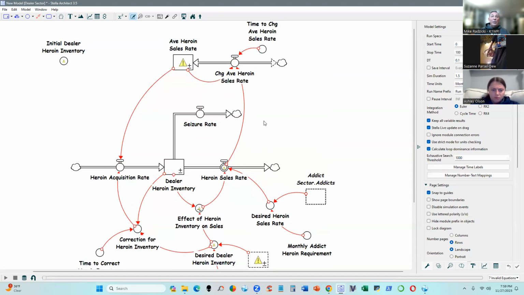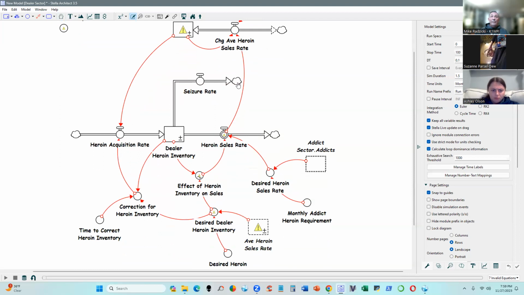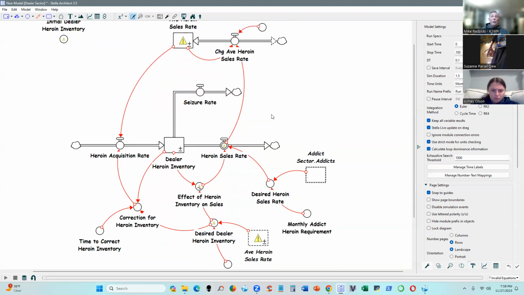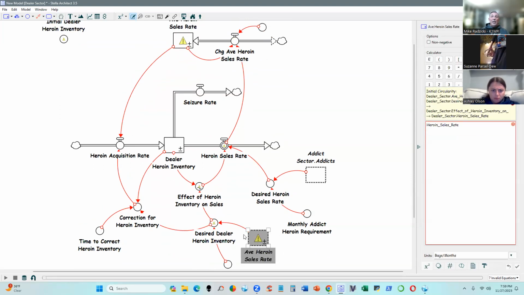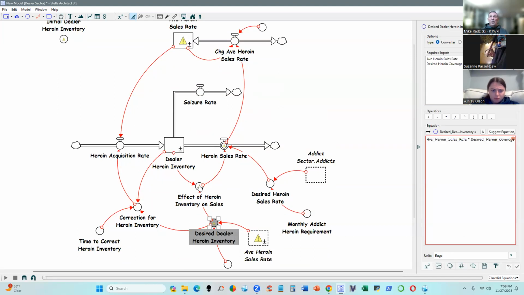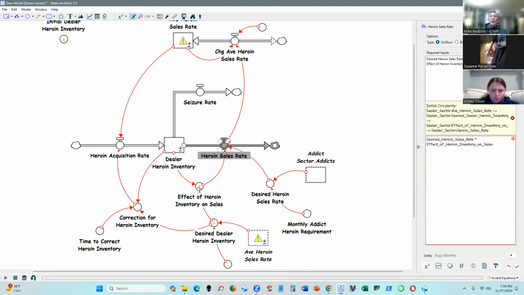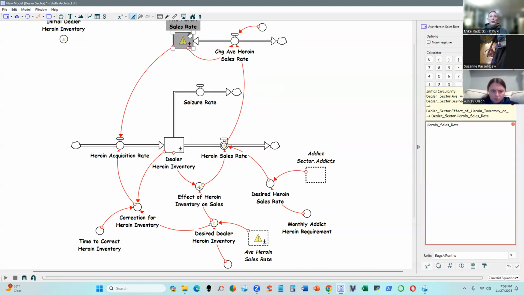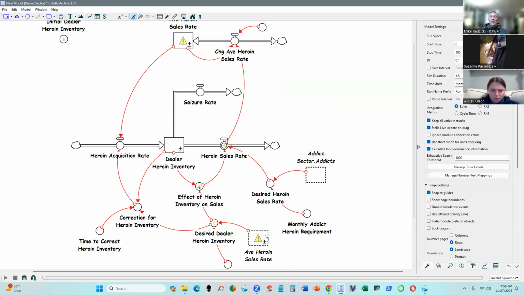And over here, what it's given me is a circular error. So trace it around. Average heroin sales is used to compute desired sales, which is used to compute the table function, which is used to compute this, which is used to compute this, which is this. So you're using it to compute itself.